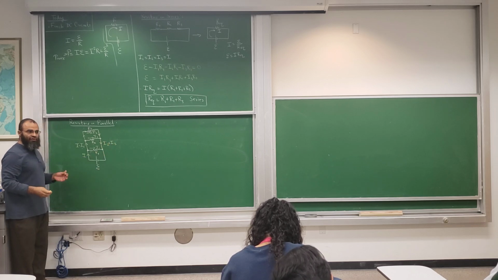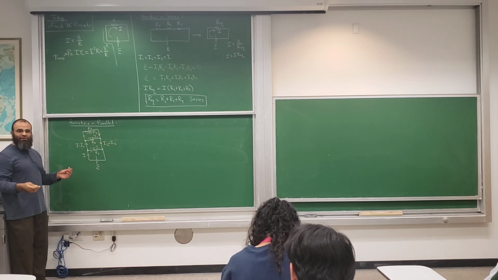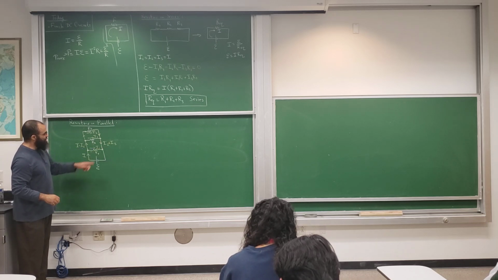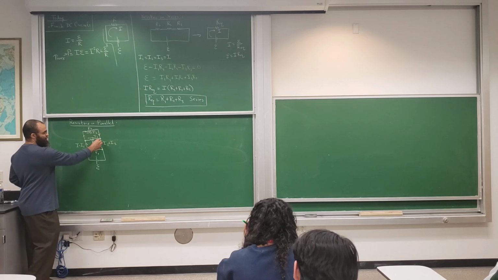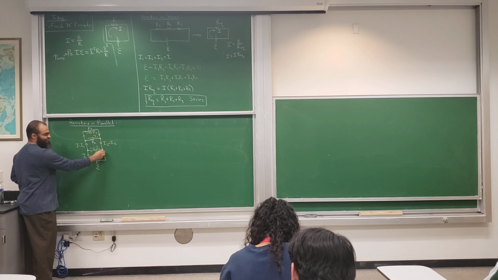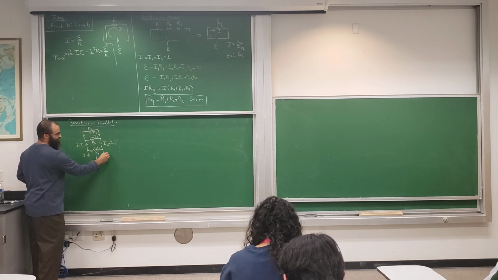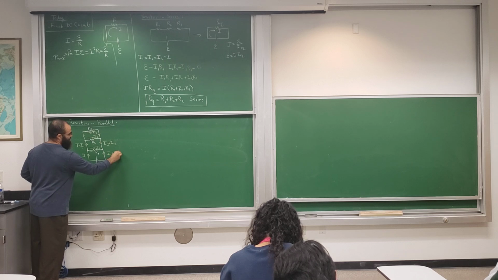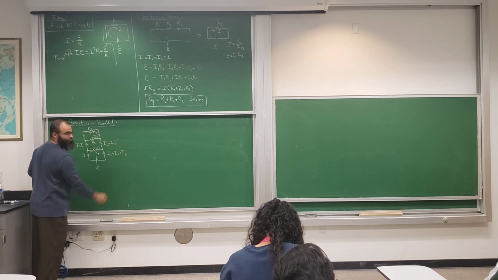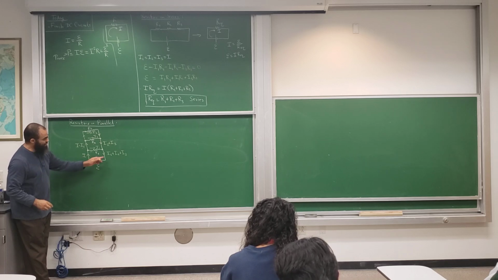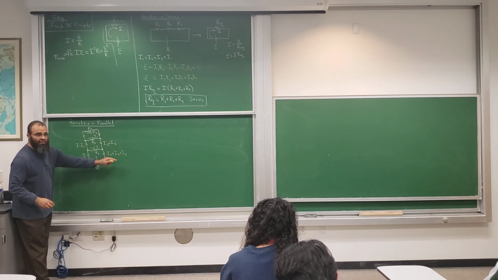The total current that goes in must equal the total current that comes out. I2 plus I3 goes in, and I1 is also going in, right? So what comes out? I, which is I1 plus I2 plus I3. So the total current I is equal to I1 plus I2 plus I3.